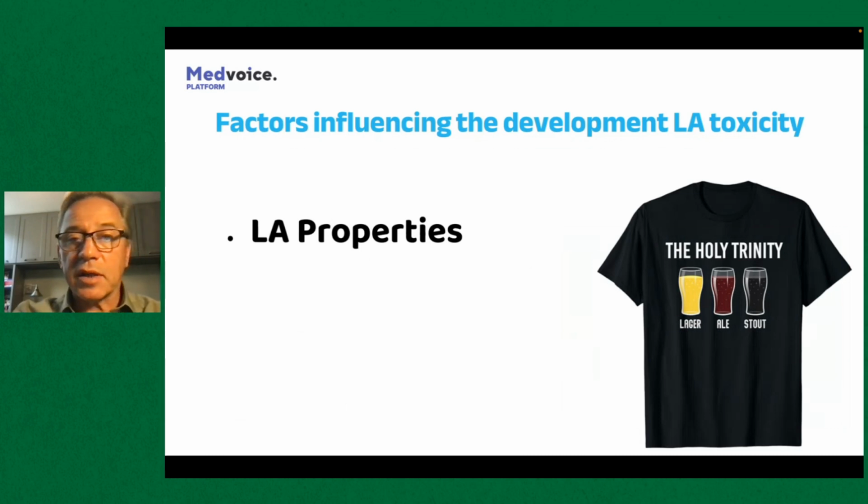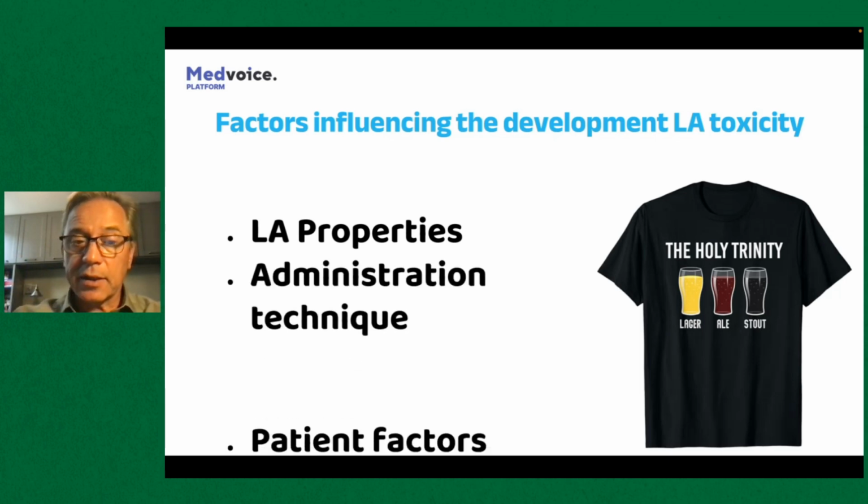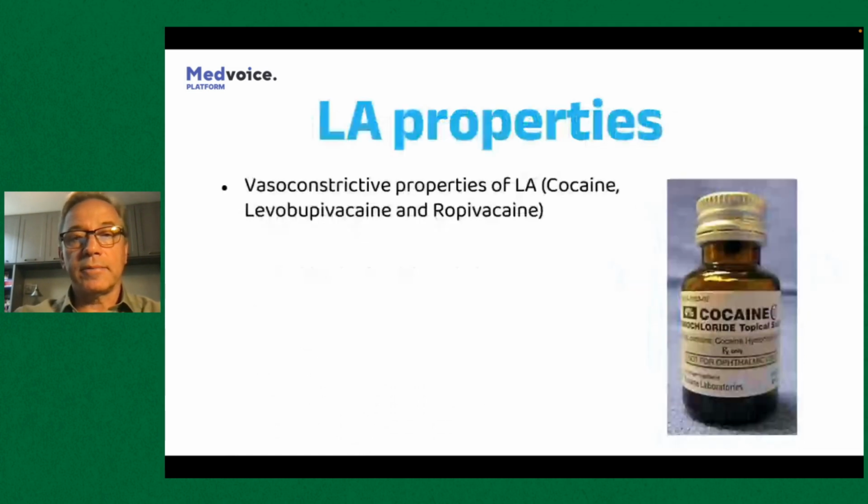What are the factors that influence the development of local anesthetic toxicity? There are three: local anesthetic properties, administration technique, and patient factors. Let's look at them in turn. Local anesthetic properties, some of them are vasoconstrictors, some better than the others, and the best one is cocaine.